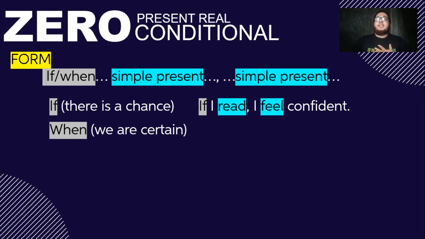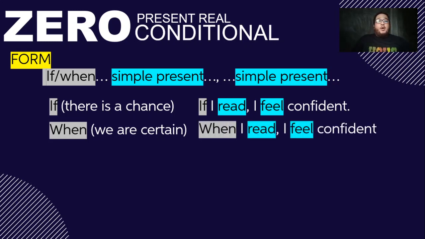So I make use of the word if because there is a chance that I'll be reading or I'll not be reading. Okay? But when reading is my hobby, I would say when I read, because I read all the time, I'm certain 100% that I'm reading, and I made use of the word when, so I feel confident.